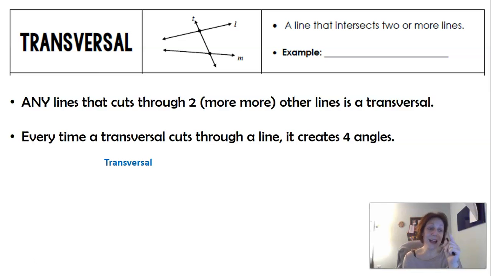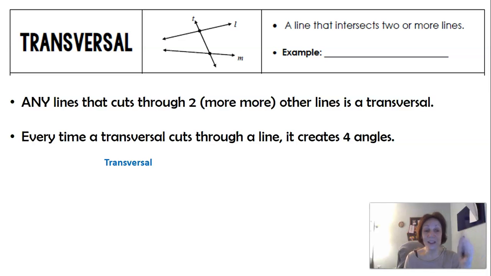So if you're a line and you're chugging along, you know, going on for infinity in both directions as lines do, and you cross another line, you're still just a line. The instant you cross a second line, you just became a transversal. Okay? Now, cross a third line, you're still a transversal. Cross a 10th line, you're still a transversal. I don't care if you cross 100 lines, you're still a transversal. There's no other promotions when it comes to being a line.